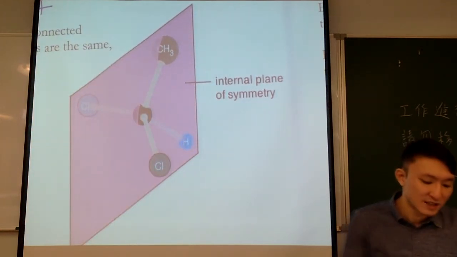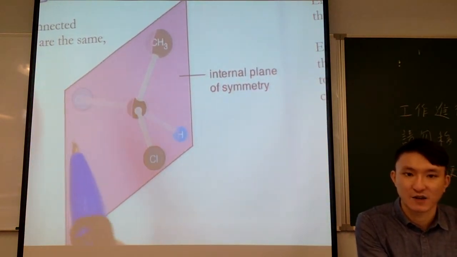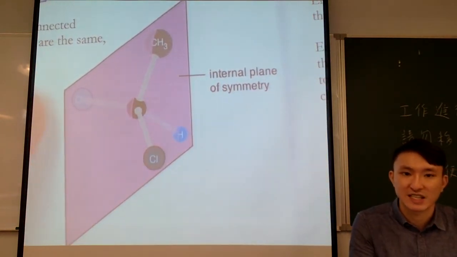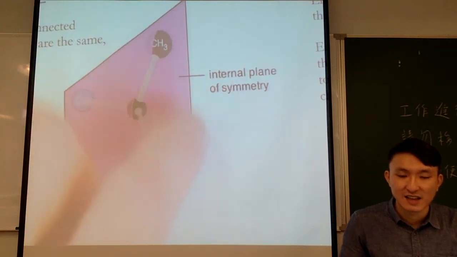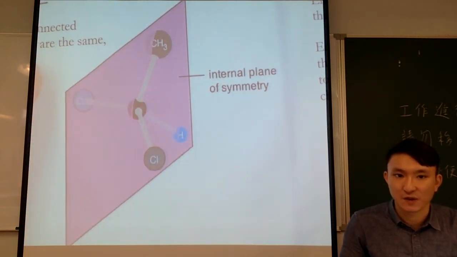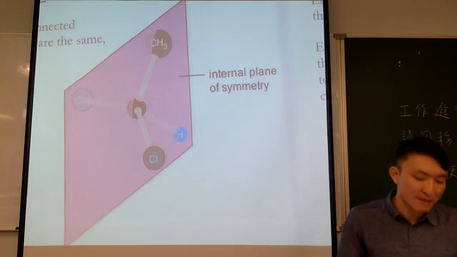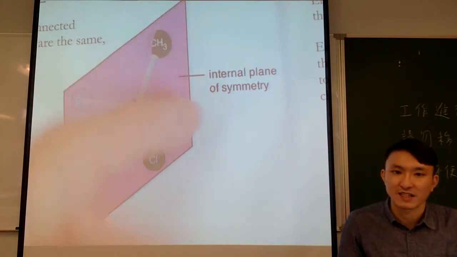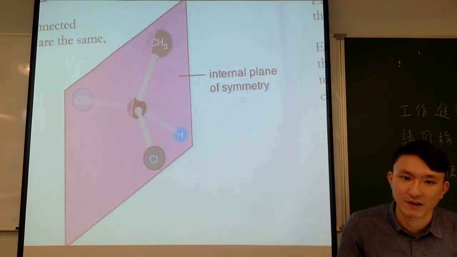And you notice this side and the opposite side of the pink sheet are actually symmetrical. And you see this plane of symmetry is bisecting the molecule itself. So that's why we call it an internal plane of symmetry.